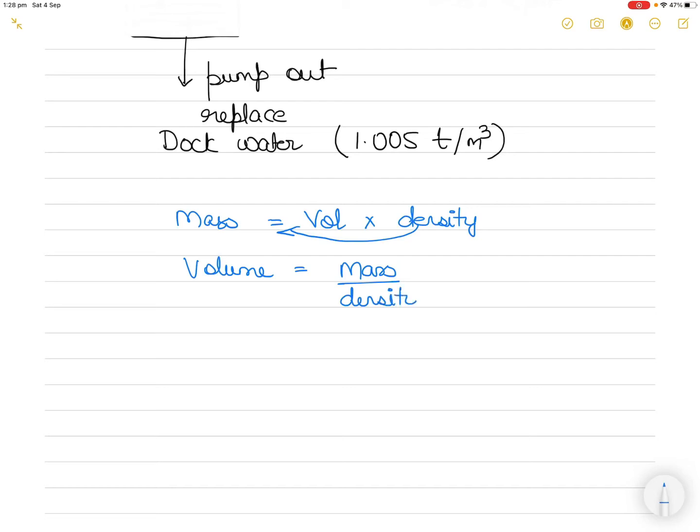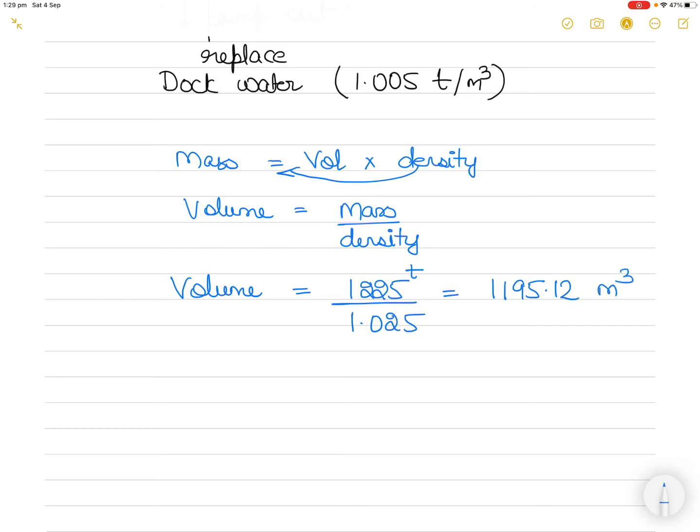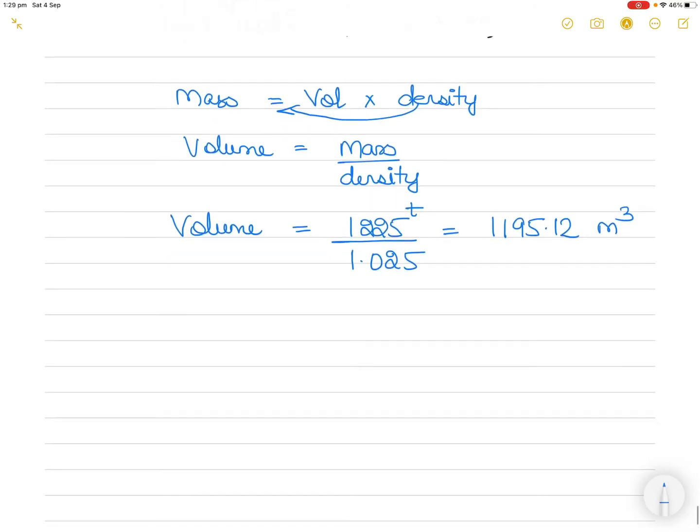Now, the seawater mass was 1225 tons, and the density of seawater is 1.025. So how much volume of water was I holding? 1195.12 metric cube.